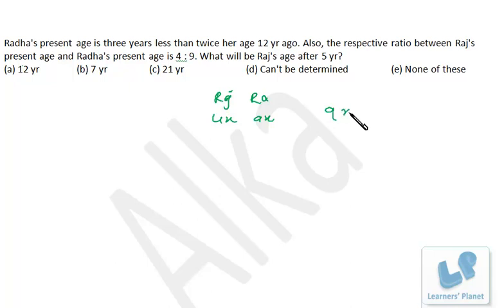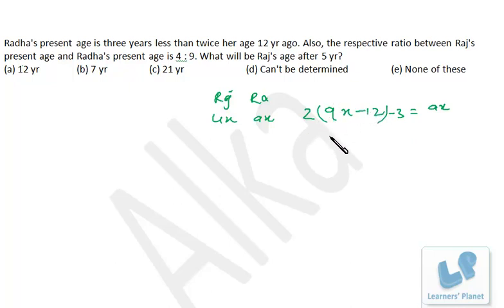So, 12 years ago, her age is 9x minus 12, right? And her present age is 9x. So, her age is 3 years less than twice this age. Getting my point?